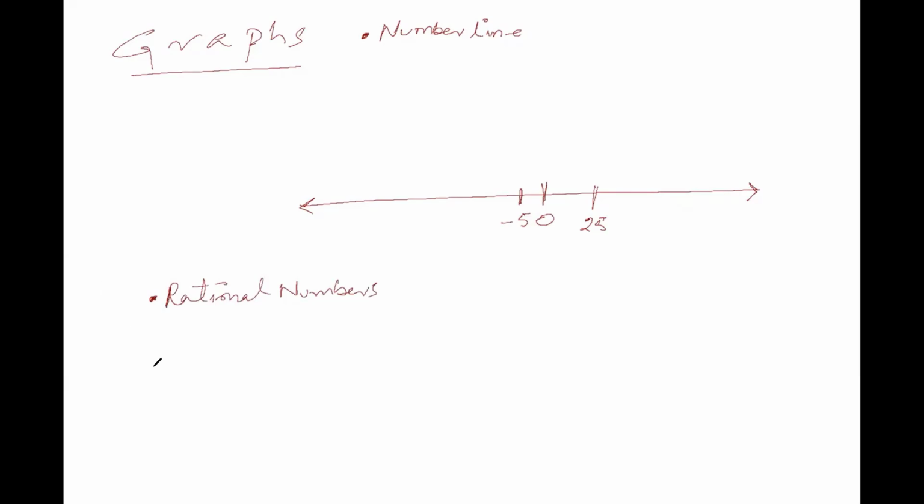For example, there's a number called iota, which is the square root of -1, equal to i. This number is imaginary because we cannot plot it on the line. So these are irrational or imaginary numbers. We can only plot numbers which exist in maths. So this way we start with the concept of number line.